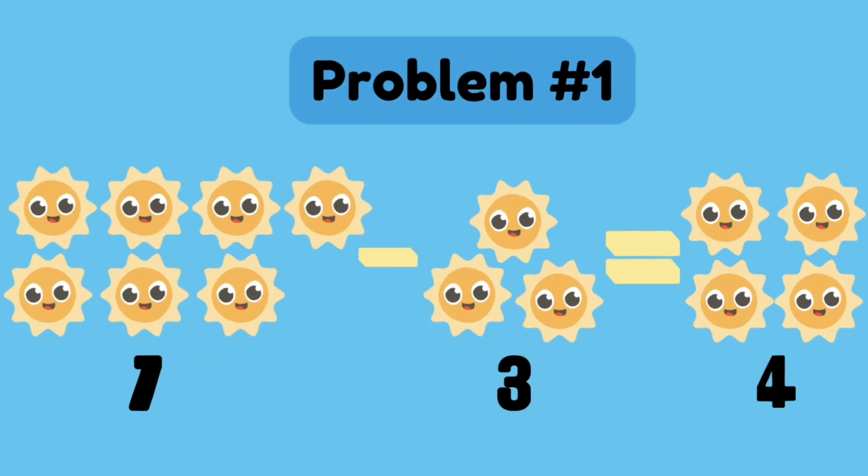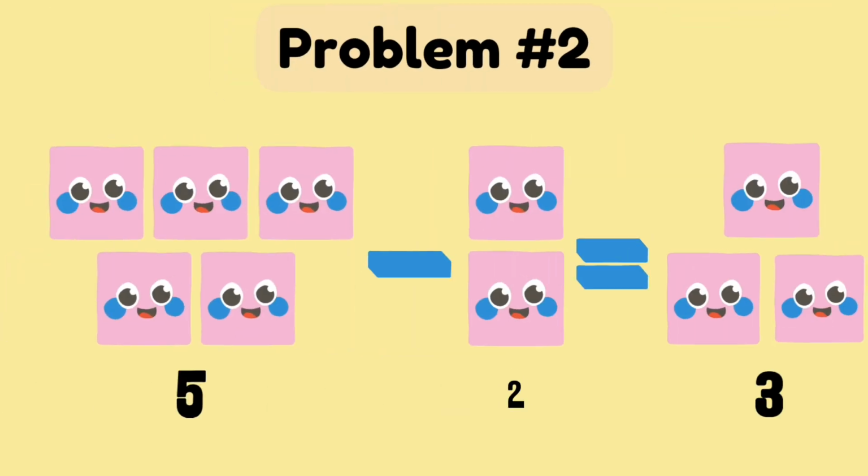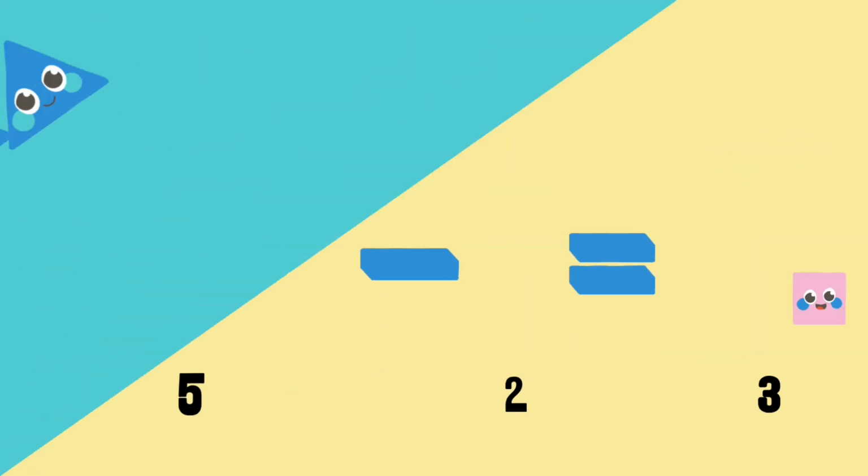Time's up. 7 minus 3 equals 4. Pencils up. 5 minus 2 equals 3.